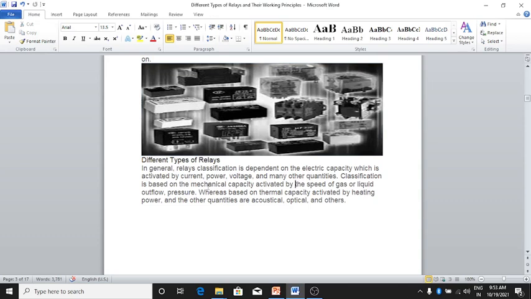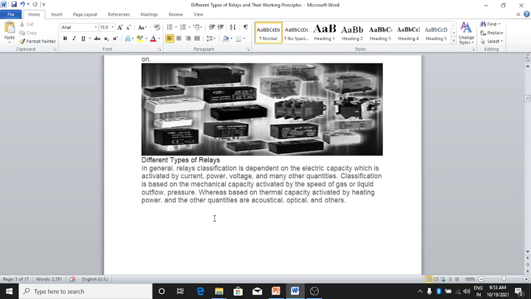In general, relay classification depends on the electric capacity which is activated by current, power, voltage, and many other quantities. Classification is also based on the mechanical capacity activated by the speed of gas or liquid outflow pressure, and on thermal capacity activated by heating power.